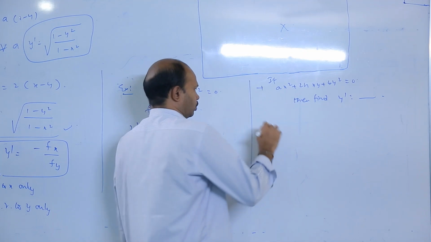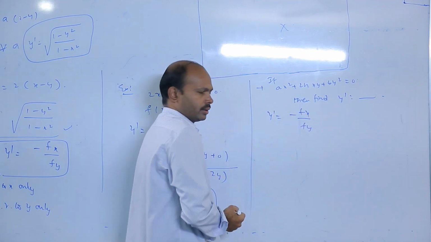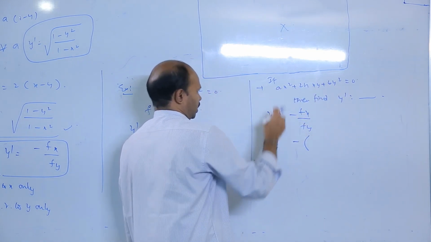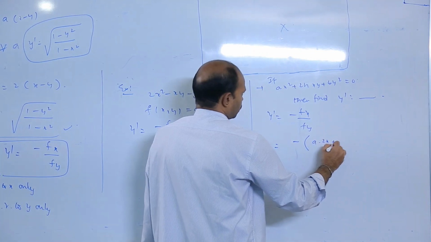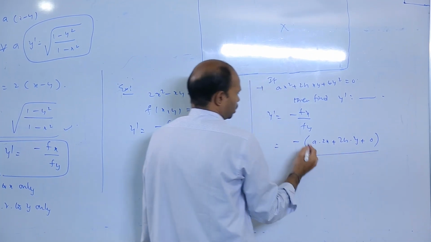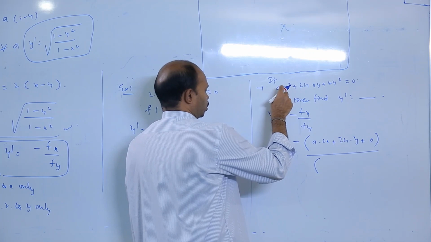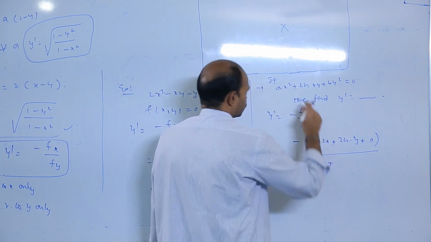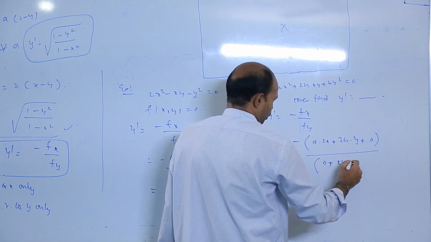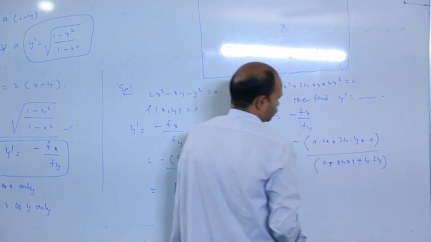You know very well the formula of y dash: minus fx by fy. What is fx? The derivative of this with respect to x partially: a into 2x plus 2h into x derivative 1, pure constant 0. The denominator is the derivative of f with y: pure x is 0, plus 2hx into the derivative of y, plus by square, the derivative of y square is 2y.